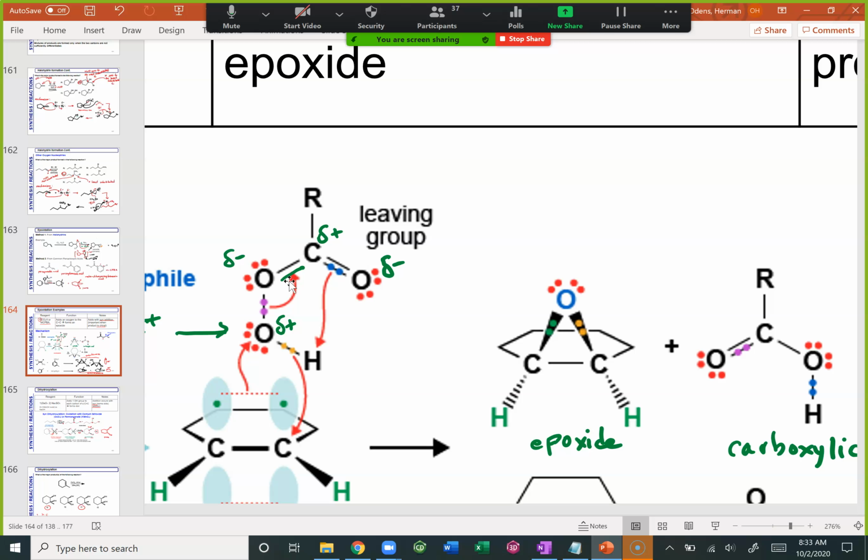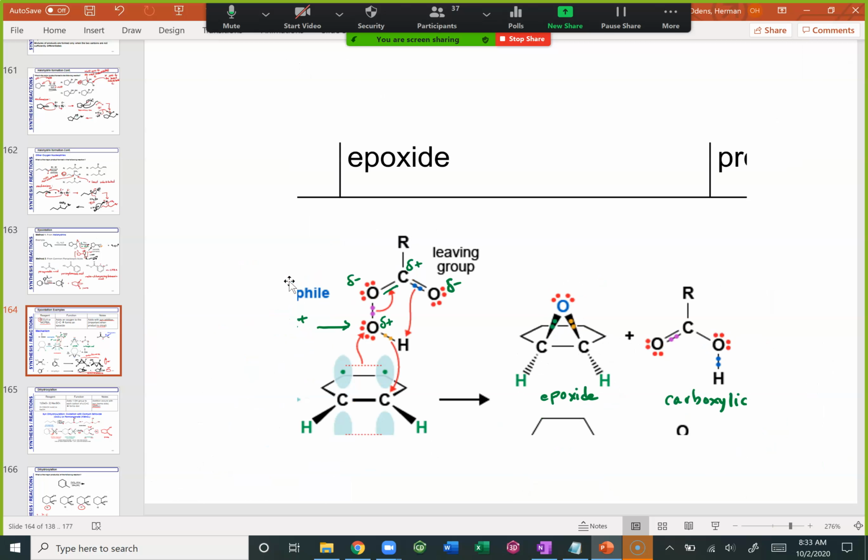The yellow electrons, these ones, are here. And your green electrons, this guy and this guy, are here, forming the new bond, the one that was from the alkene. The oxygen that is partially plus has been drawn here in blue, but it shouldn't be blue. It was actually black. But anyway, it has its 4 electrons on it. And here's your epoxide. You made an epoxide.